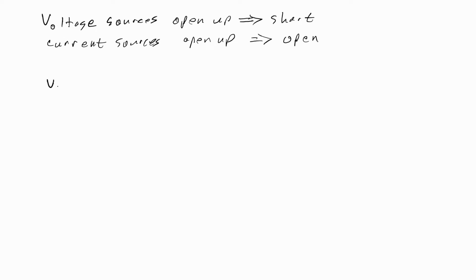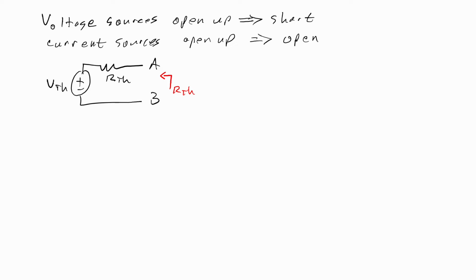So if we have a Thevenin voltage, what we're saying is to open that up between a node A and a B. We want to find the resistance looking in, the resistance between those nodes A and B, and that would be the Thevenin resistance.